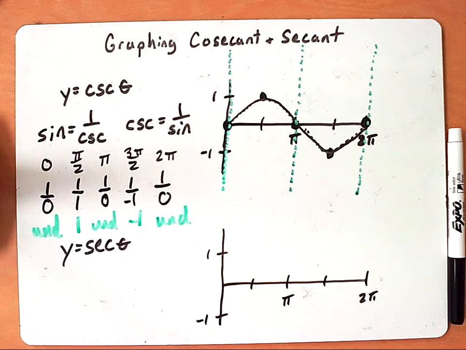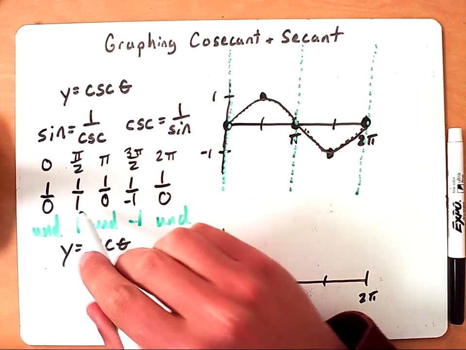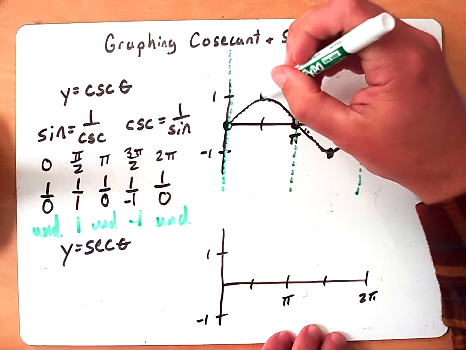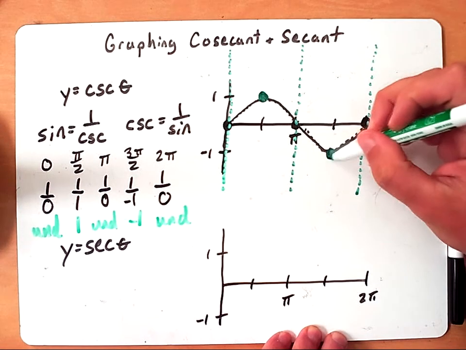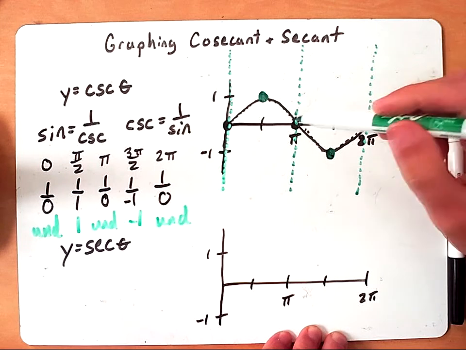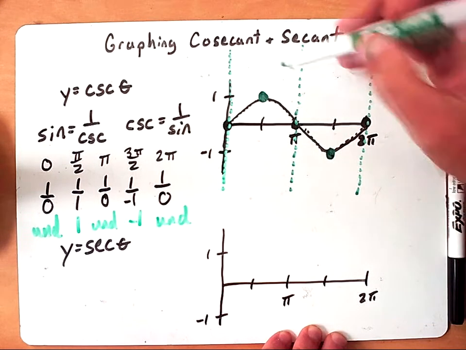Where sine is 0, cosecant will be undefined. Where sine was 1, cosecant will also be 1. And where sine was negative 1, cosecant will also be negative 1. And since they're reciprocal in nature, we flipped the graph.